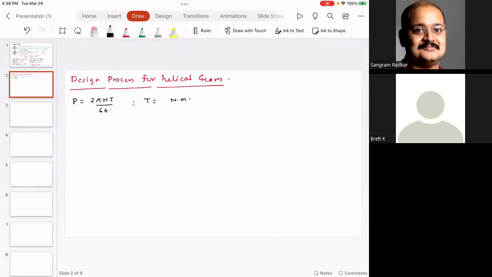Now, one thing that you want to find out is WT. WT is equal to the service factor CS multiplied by P divided by pitch line velocity VP, which is pi times dN divided by 60. And D is nothing but the pitch circle diameter, PCD, which is module times number of teeth.